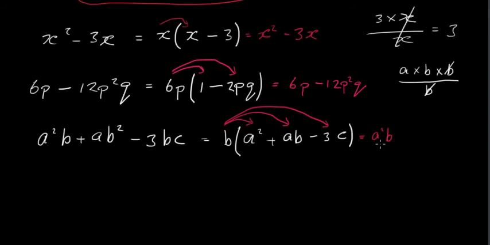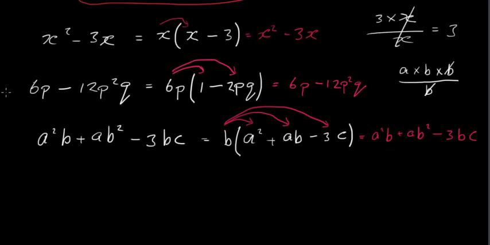Normally you put the letters in alphabetical order, so we'll put the a squared first. Now b times ab, b times b is b squared, so we get ab squared. Minus times plus is minus. b times 3c is 3bc. And we can see that this expression here is exactly the same as what we started with. So this is correct, this works.